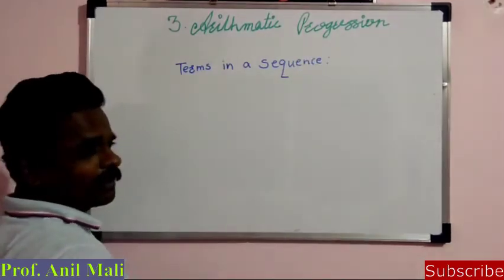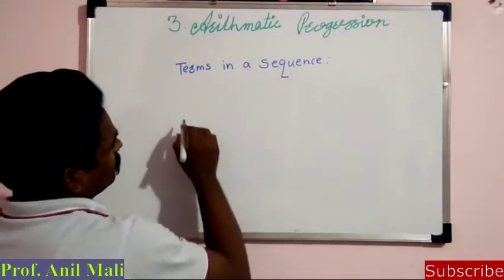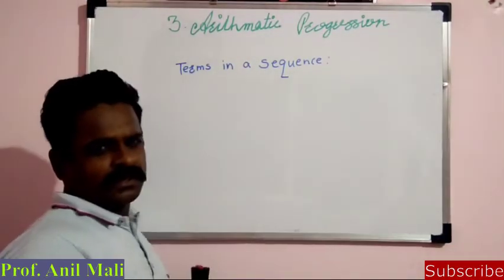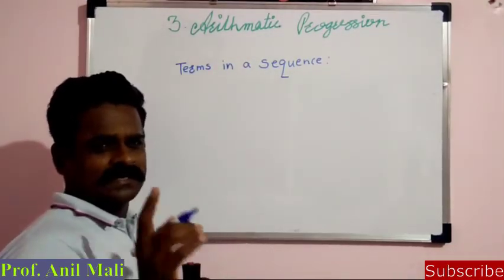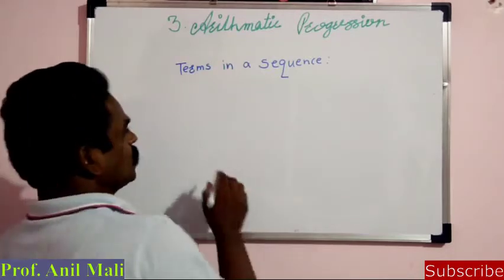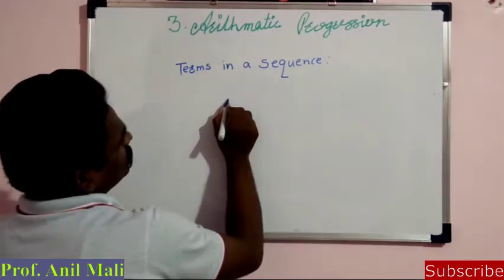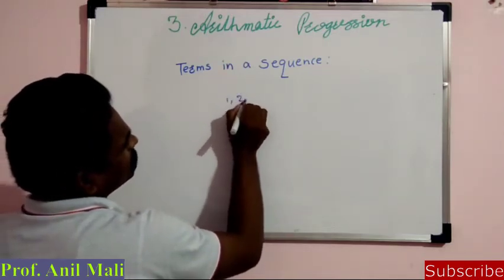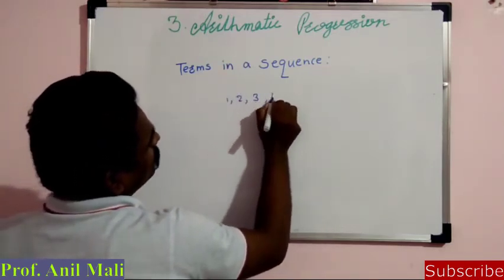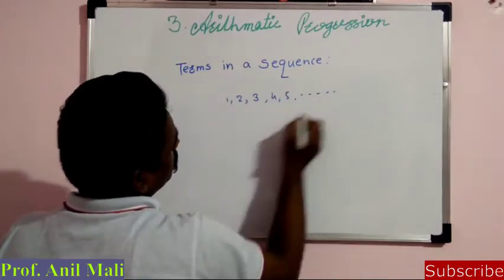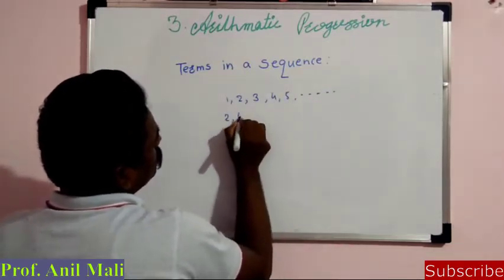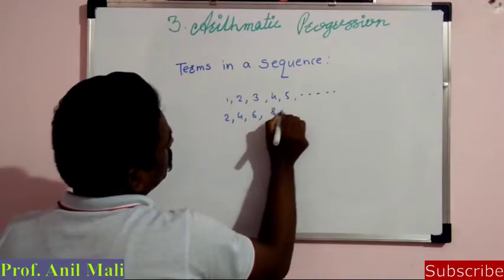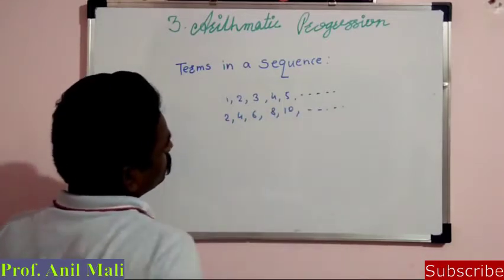Now see here, we had written a few sequences in the last lecture. The first one was 1, 2, 3, 4, 5, 6, and the second was 2, 4, 6, 8, 10 and so on.